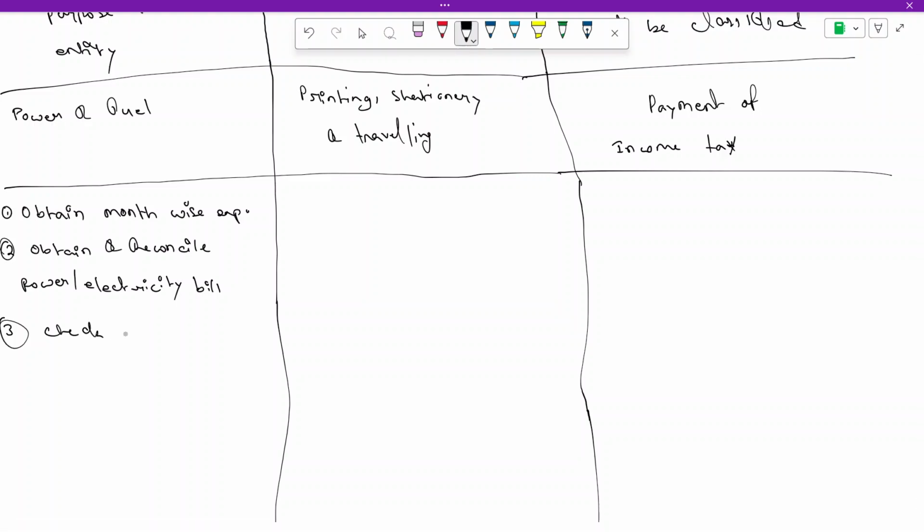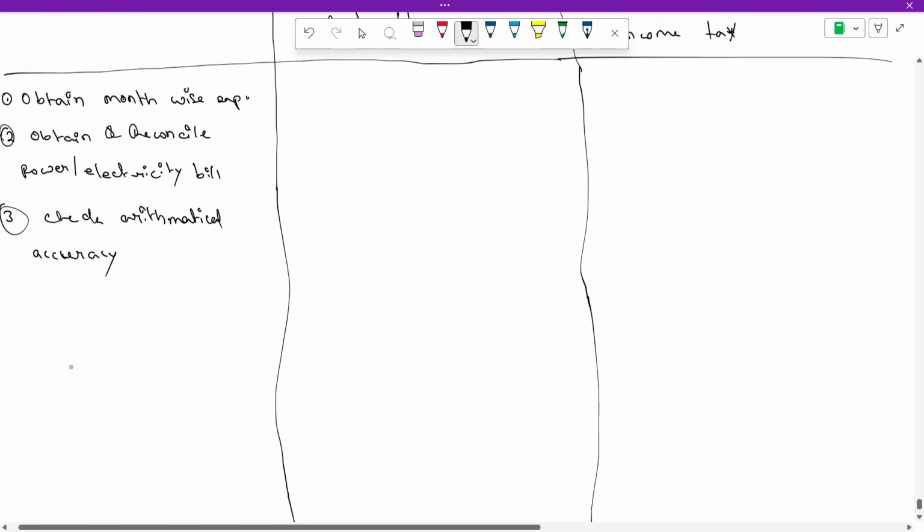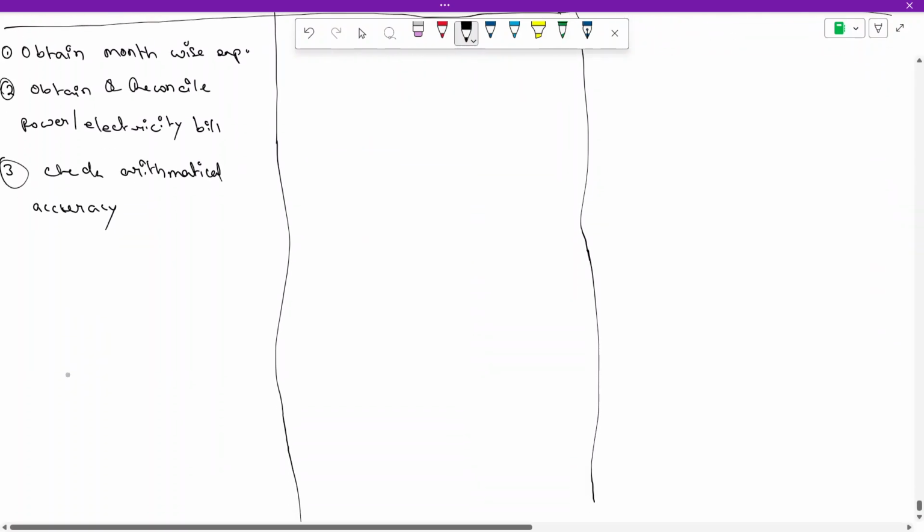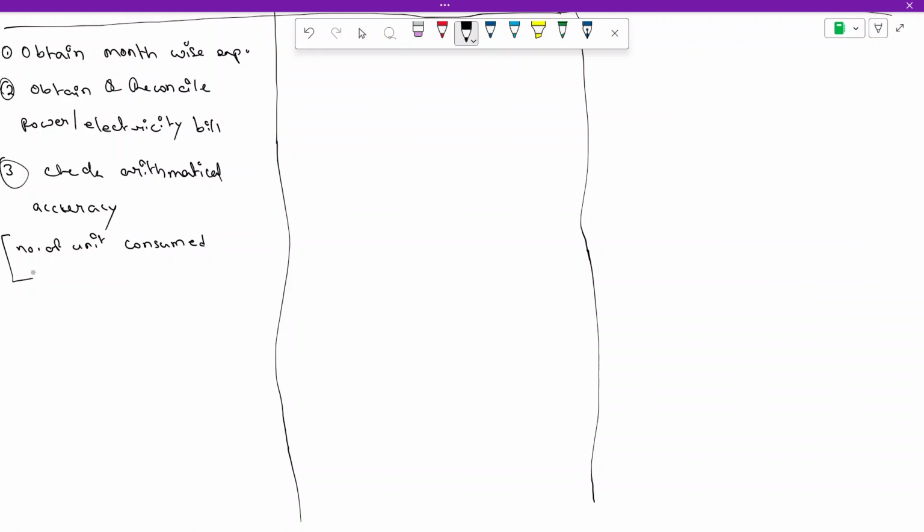Check arithmetical accuracy: number of units consumed and the rate per unit.